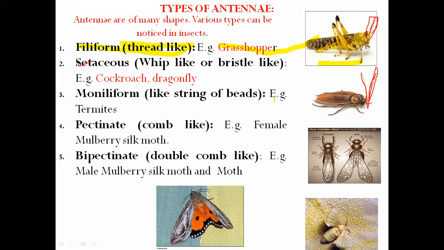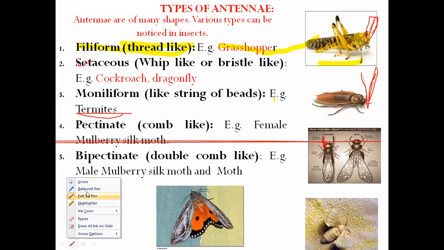Now, moniliform. The moniliform type of antennae is present in termites. Just focus on this portion, where my pointer is.